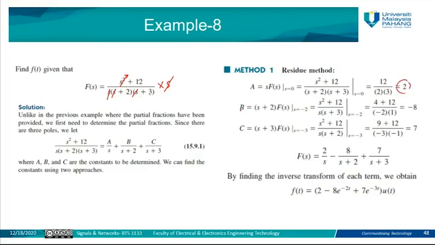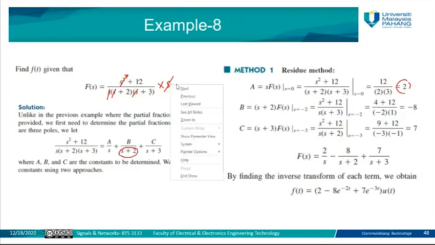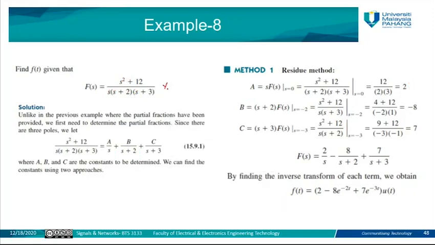Then you move to the value of B. For B you also need to multiply by the pole of B, which is (s plus 2) times F(s). So this function here, you are going to multiply by (s plus 2). This (s plus 2) cancels with that (s plus 2).